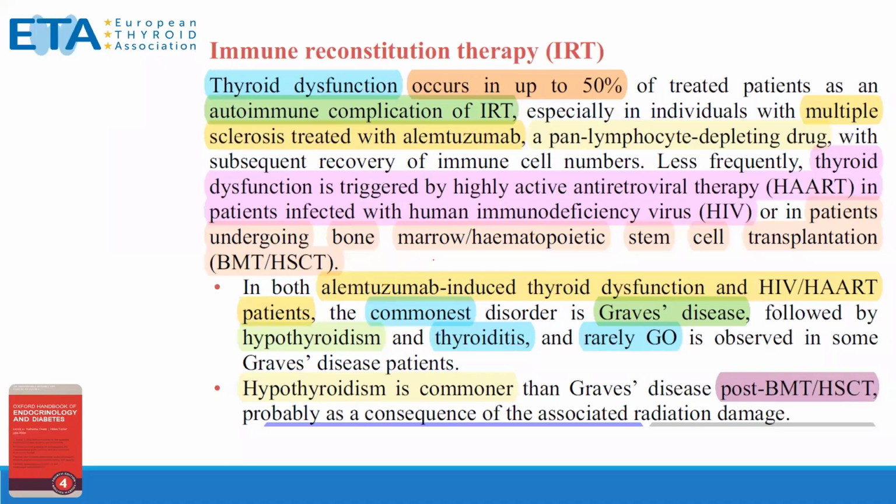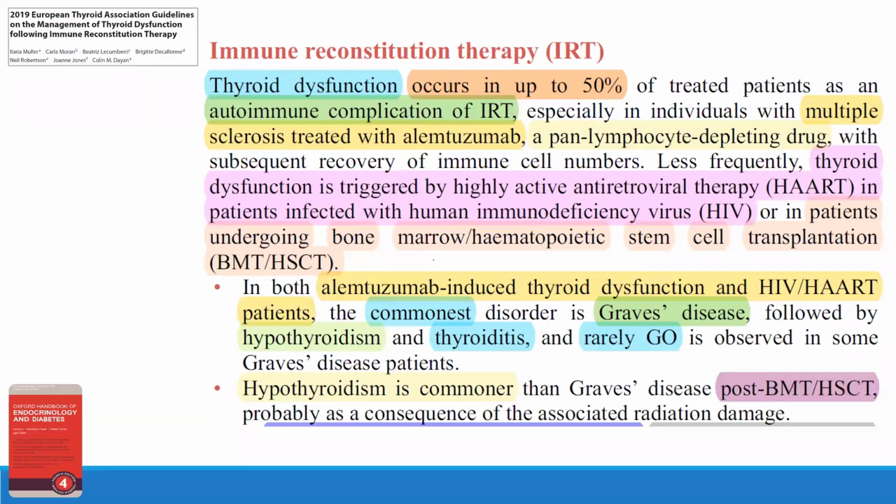And another used in patients undergoing bone marrow hematopoietic stem cell transplantation. Thyroid dysfunction is common when we use these drugs. So the European Thyroid Association in 2019 published a very important guideline about the management of thyroid dysfunction following immune reconstitution therapy.